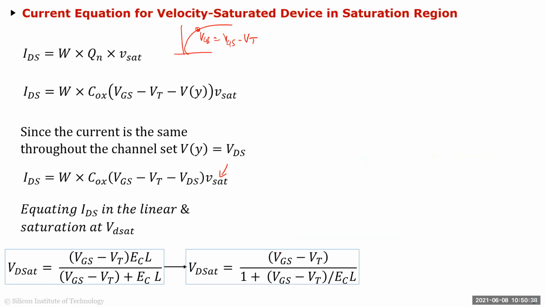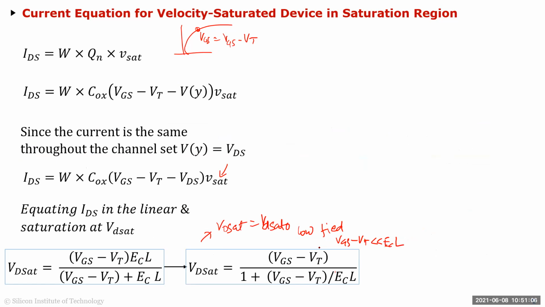And if I rearrange this term, you can see it's VGS minus VT over 1 plus VGS minus VT over EC L. And this obviously turns to VDSAT equal to VDSAT naught, which is the low field VDSAT, for when VGS minus VT is much, much less than EC L, which is our definition for low field.